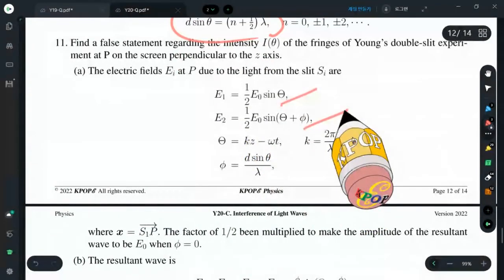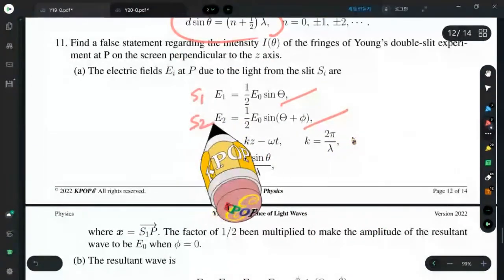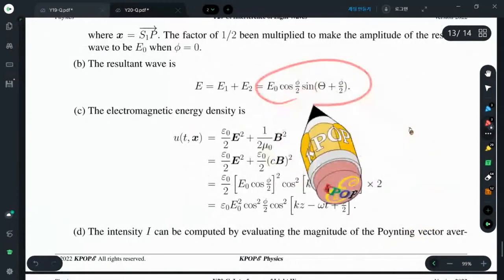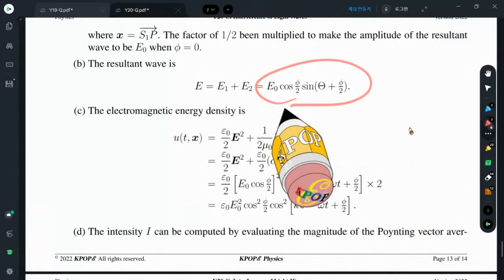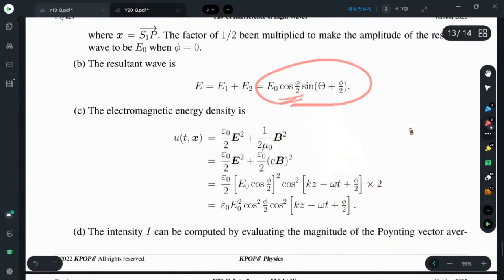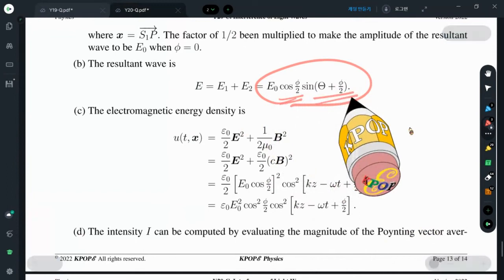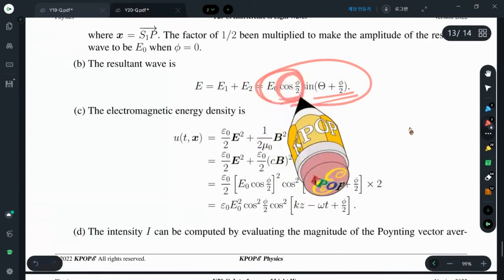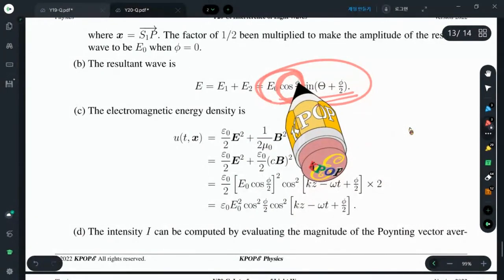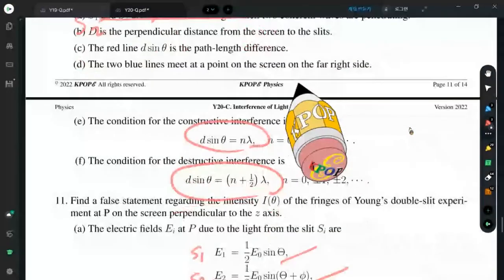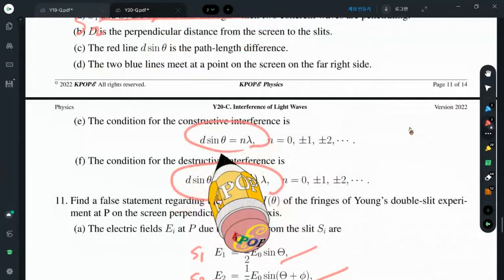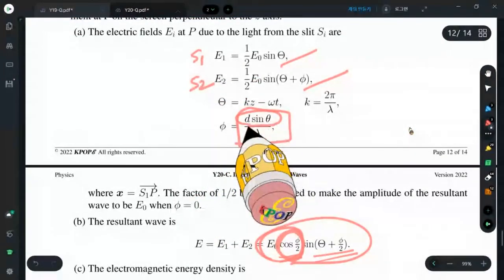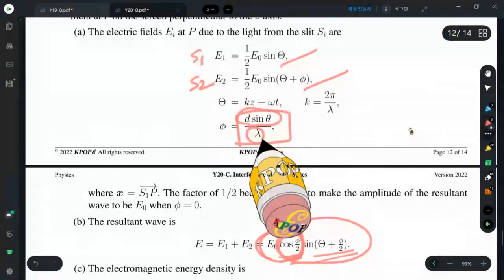Substituting these electric fields coming from the two sources, we can carry out some algebra. Again, the resultant wave has the typical shape of interference. And here, we can find this phi depends on the phase difference, the path length difference divided by the wavelength.